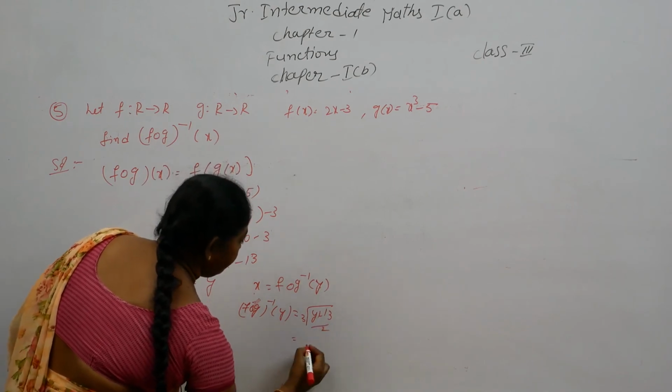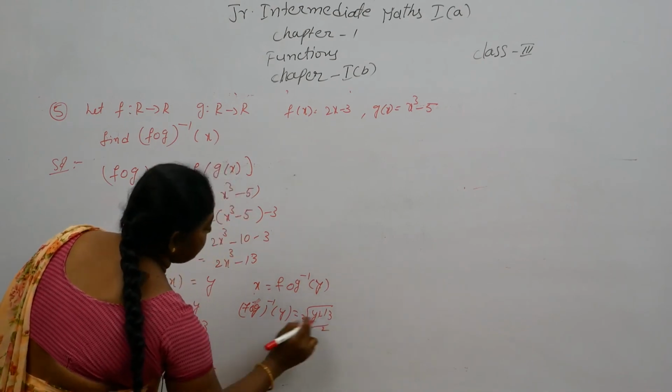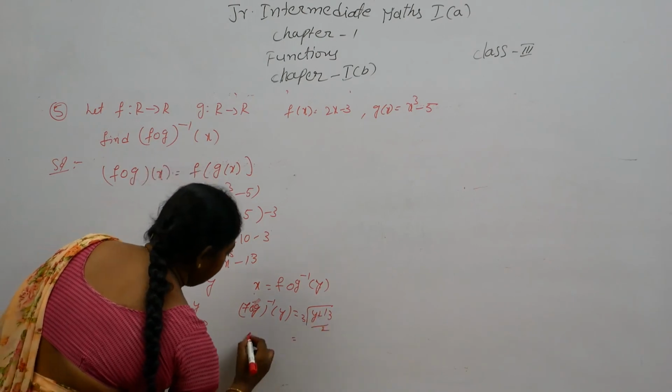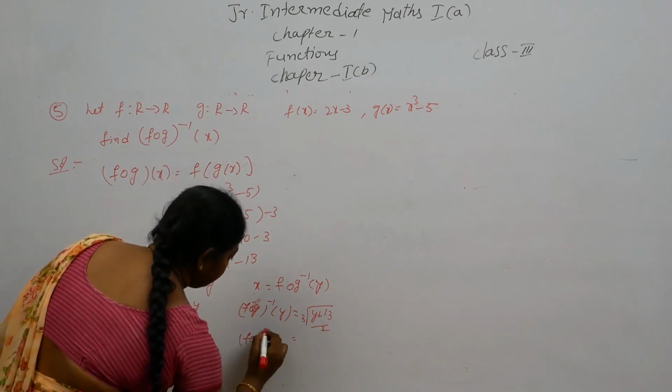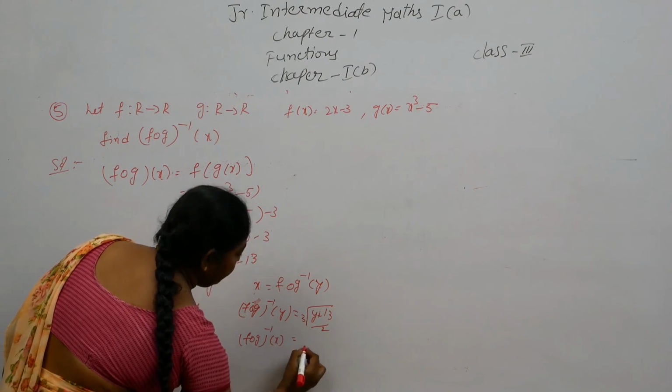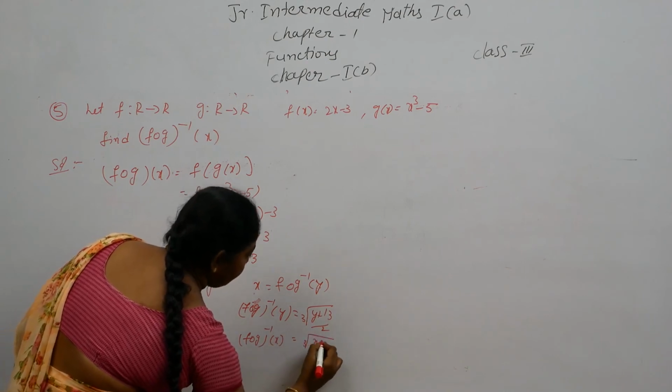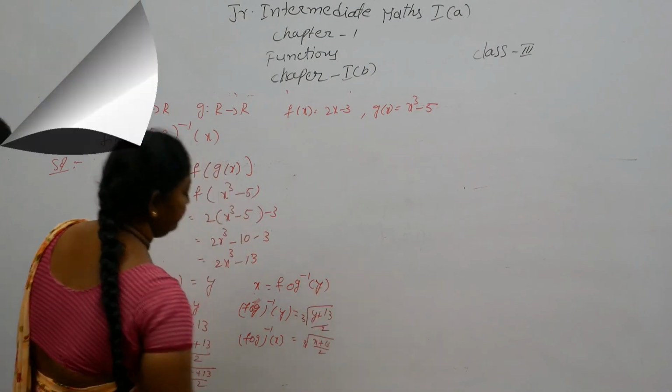So x equals f of g inverse of y, which equals cube root of y plus 13 by 2. If we substitute x in place of y, then f of g inverse of x equals cube root of x plus 13 by 2.